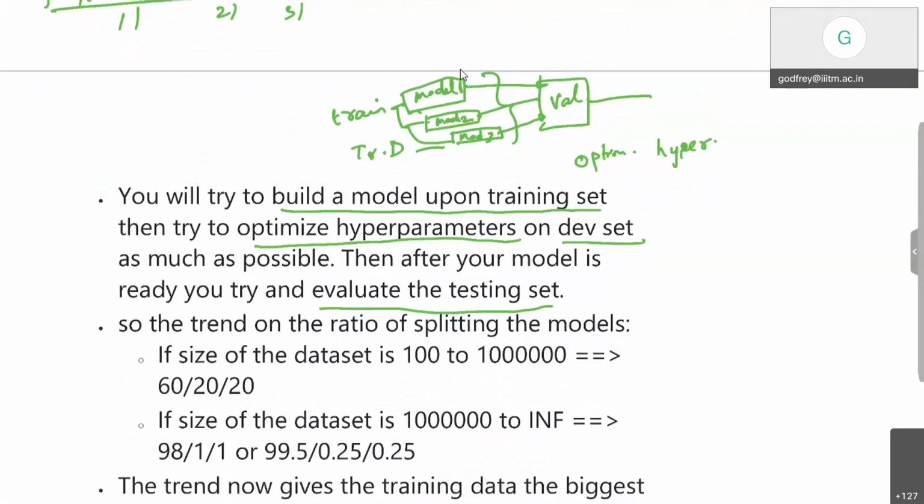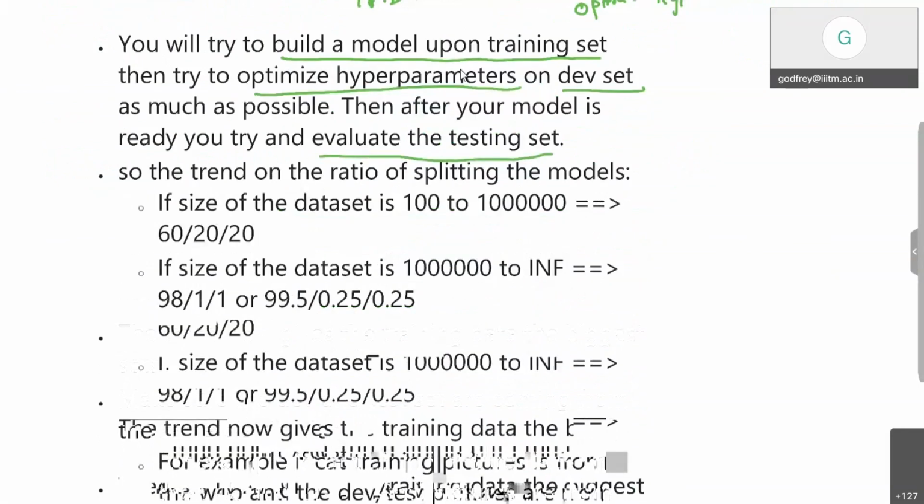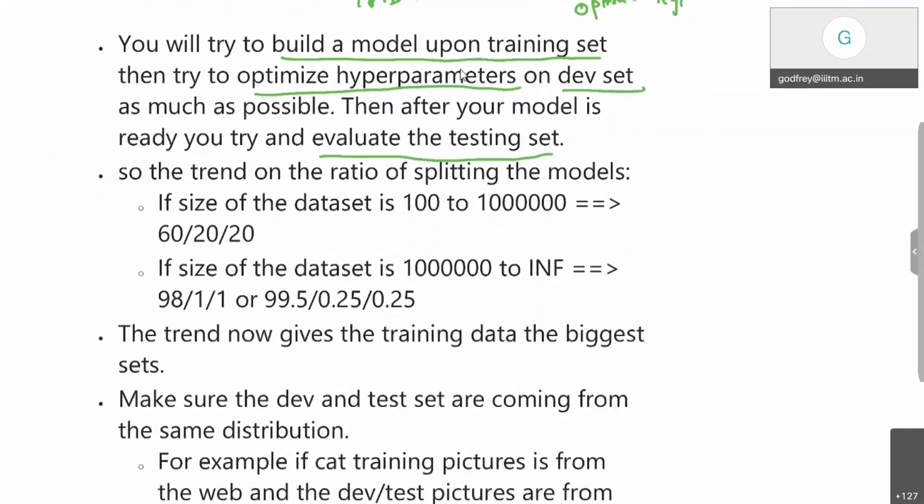Now, on the size of the data set: if the size of the data set is 100 to 1 million, then normally the trend is to have this kind of proportion of data division: 60% for training, 20% for validation, and 20% for testing.